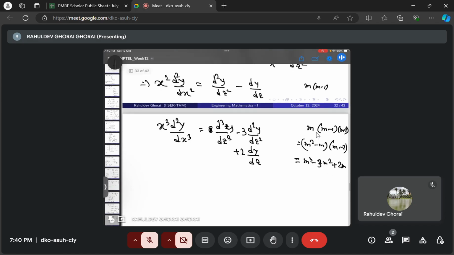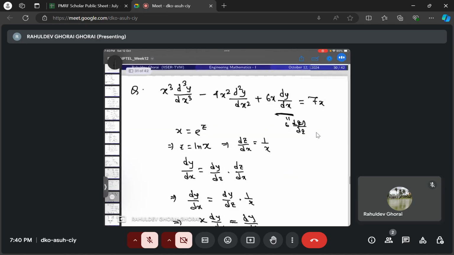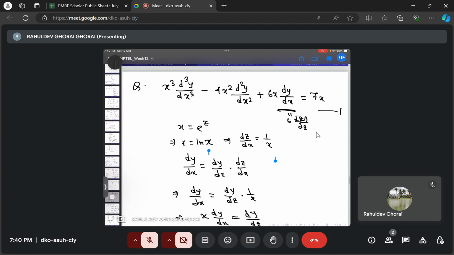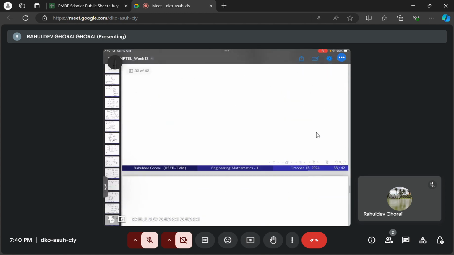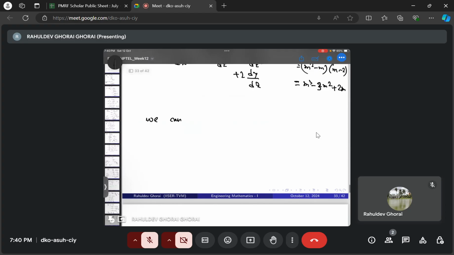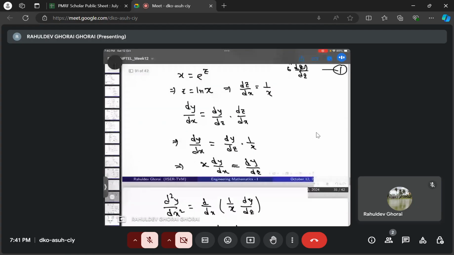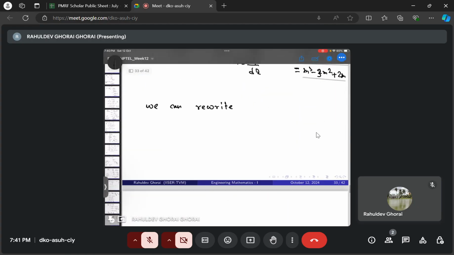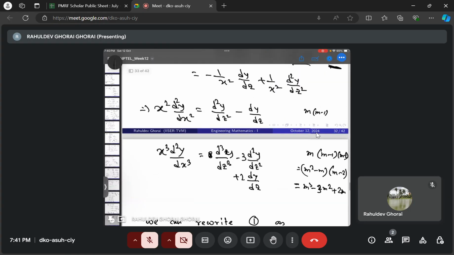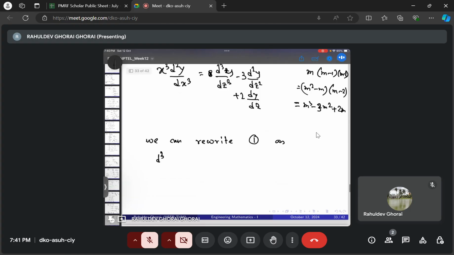So inserting all these values in the given differential equation, the given differential equation 1 will change to, so we can rewrite 1 as: x cube d3y/dx3 will be d3y/dz3 minus 3 times d2y/dz2 plus 2 dy/dz.